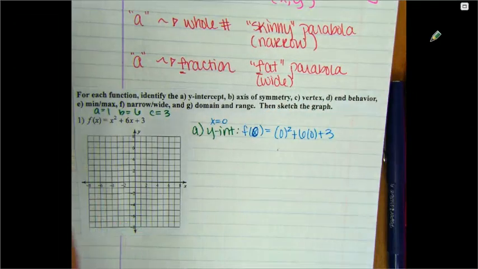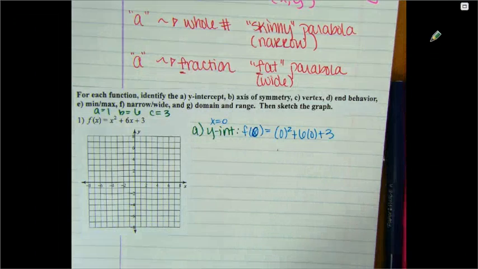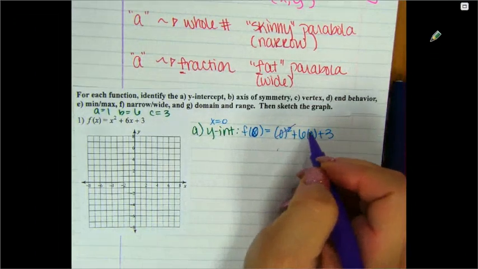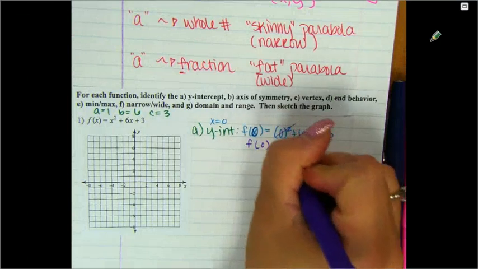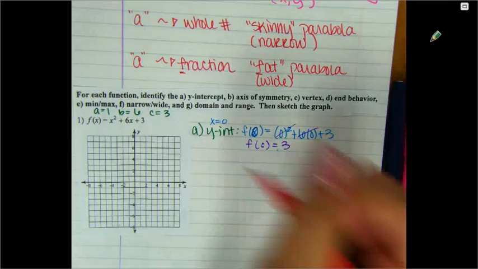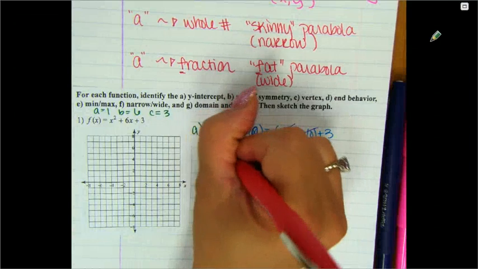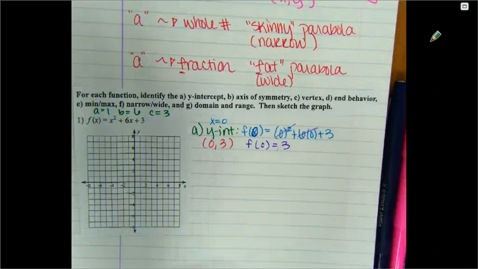And we know 0 squared is 0, and 6 times 0 is 0. So what's our answer? 3. So the ordered pair is (0, 3). That's review. Okay?